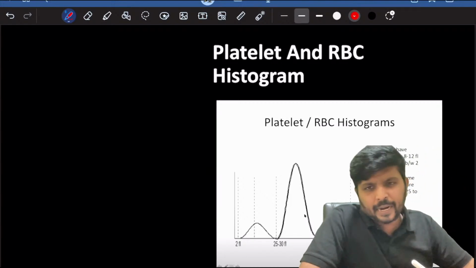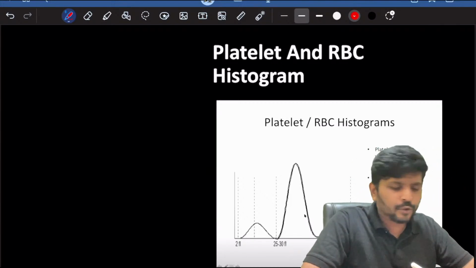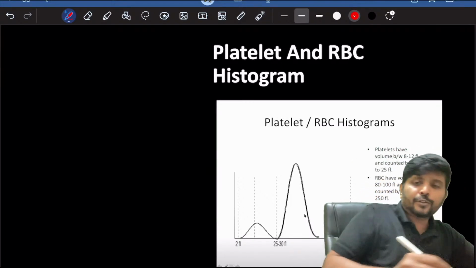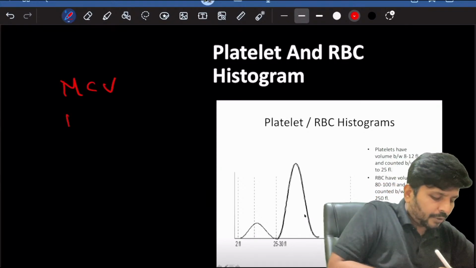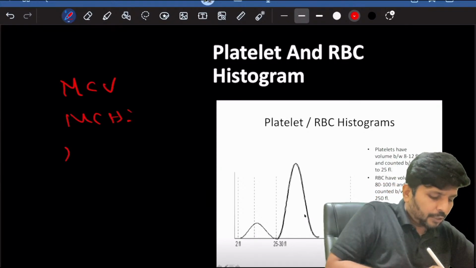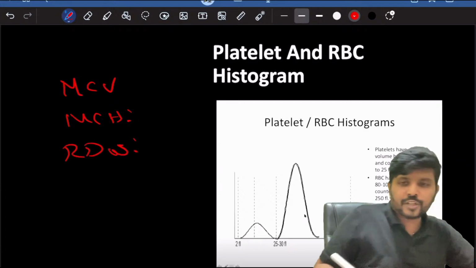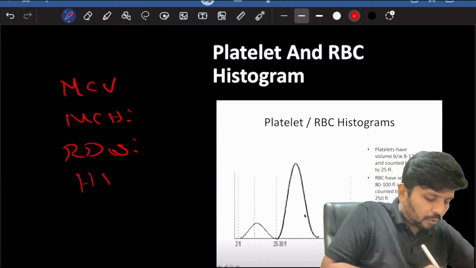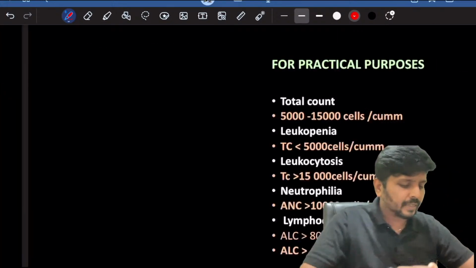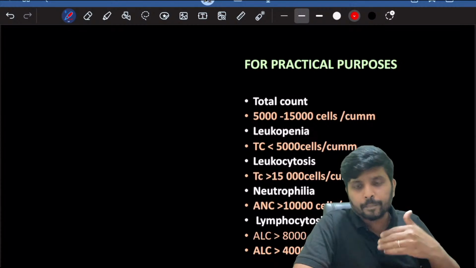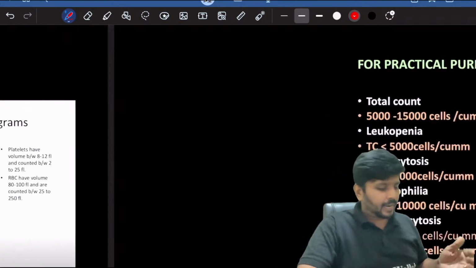Mainly what are the things you are going to have? With respect to RBC, you can have MCV, MCH, red cell distribution width. It will show how much is the hemoglobin, and hemoglobin into 3 will be your hematocrit. These are all the parameters that will be shown by your automated hemogram.